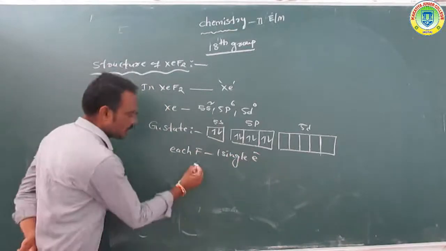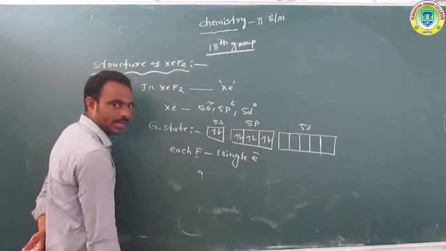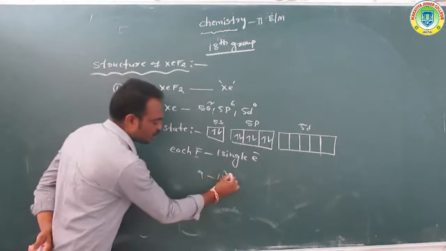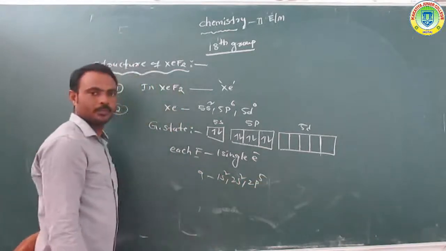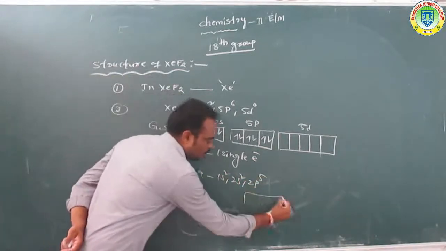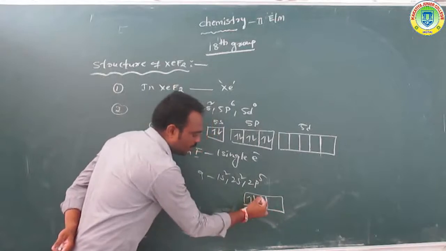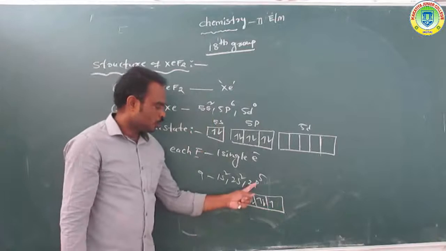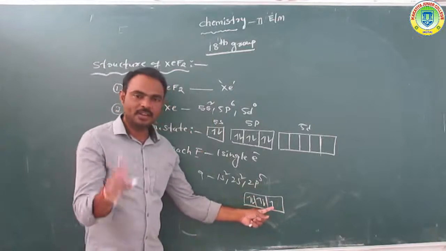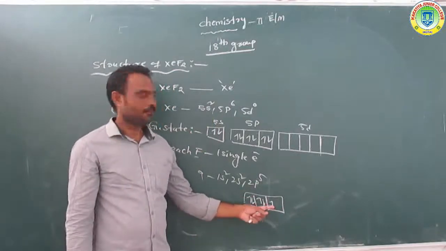How? Fluorine has 9 electrons: 1s2, 2s2, 2p5. We write the orbitals, so 2p5 contains 1 single electron.